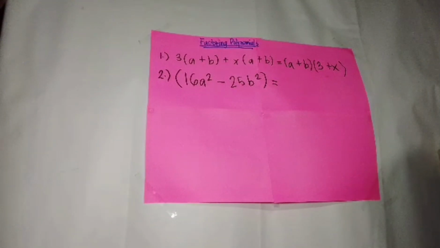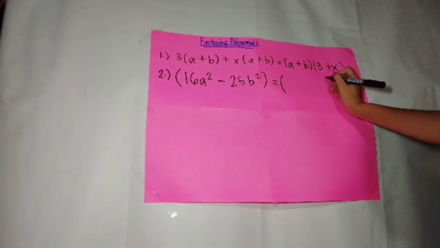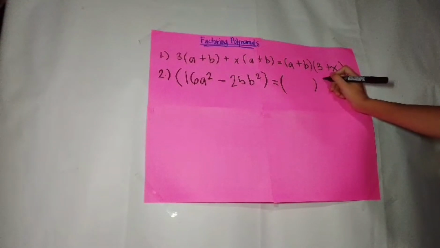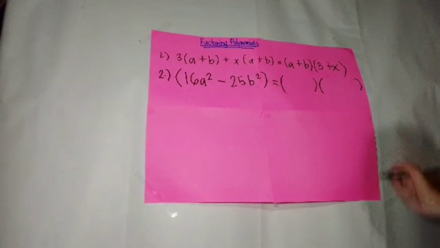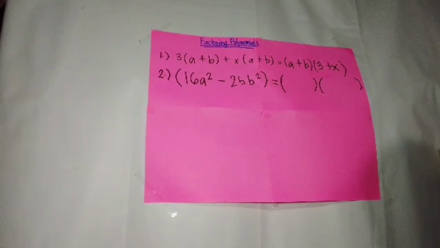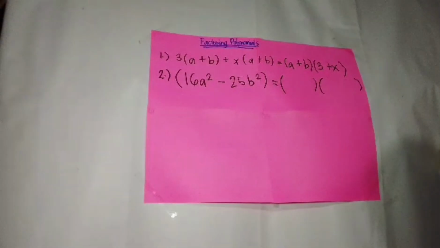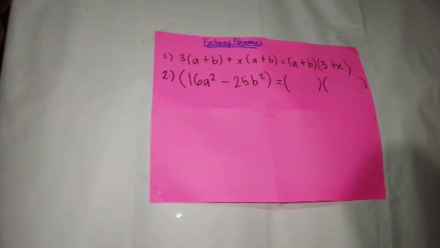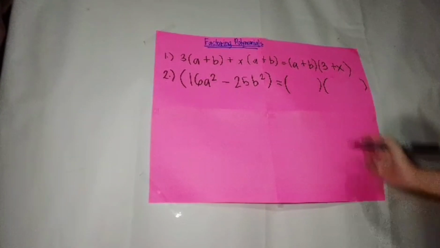So therefore, that is difference of two squares. The steps are to take the square root of the first term, which is 16. So what is the number that when multiplied by itself will give 16? So it's 4.